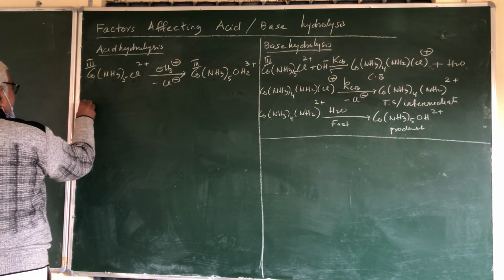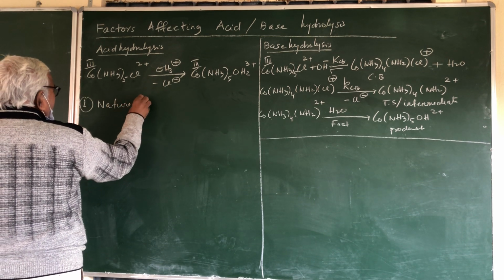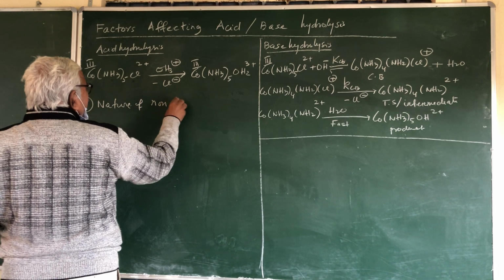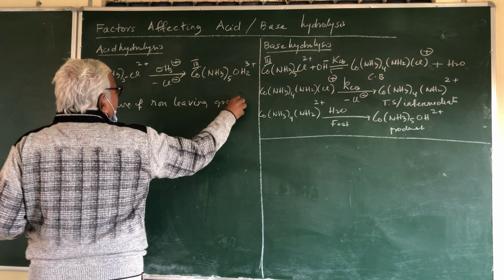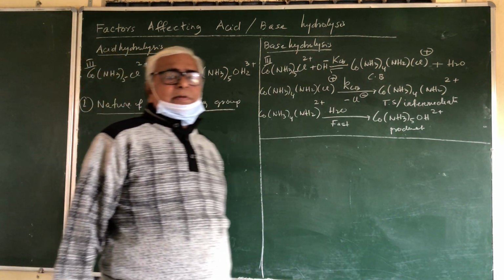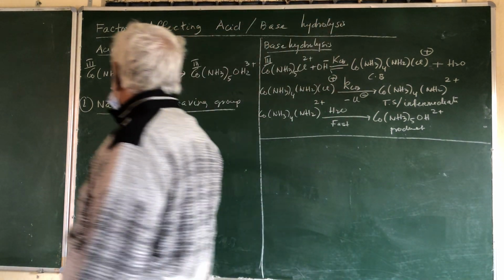So number one is nature of non-leaving group. If we change the nature of the non-leaving group, how is the rate affected in the aquation process?